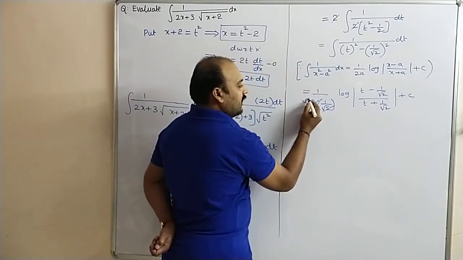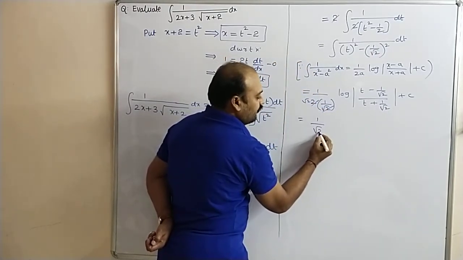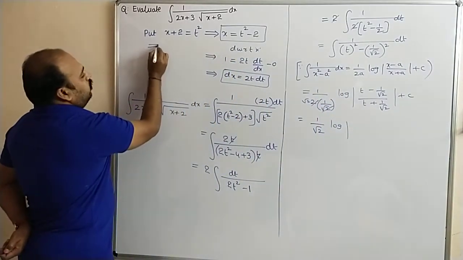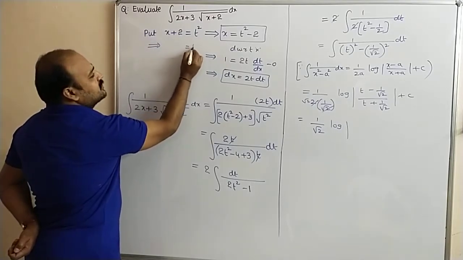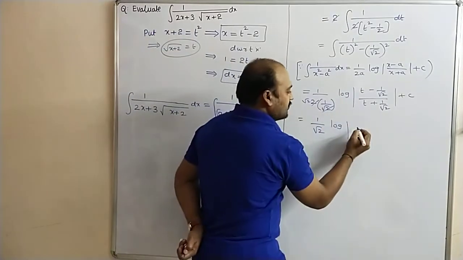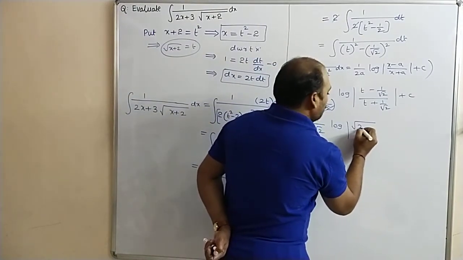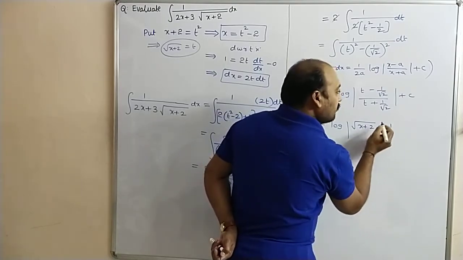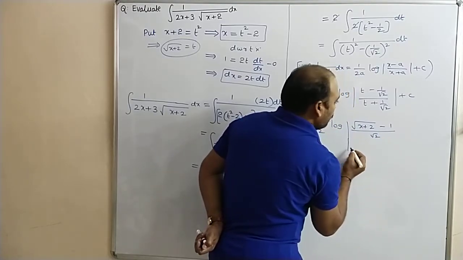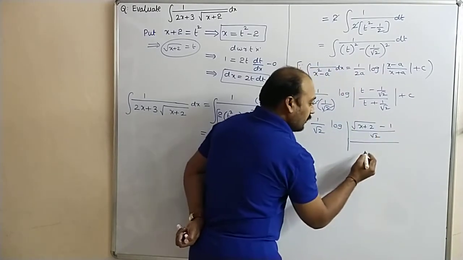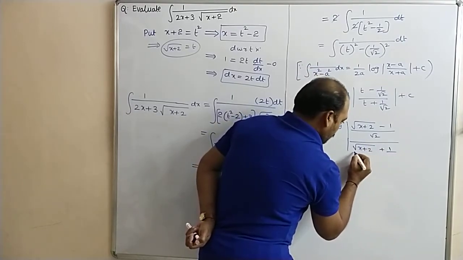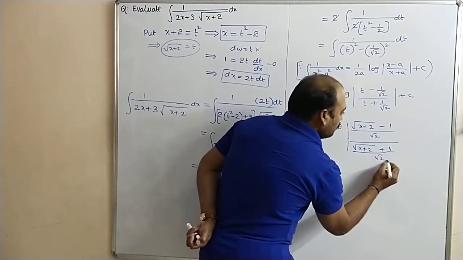So the root 2 will be cancelled. So 1 by root 2 log mod, and in place of t, from x plus 2 equal to t square, t is equal to under root of x plus 2. So in place of t, square root of (x plus 2) minus 1 by root 2, divided by, taking the LCM, square root of (x plus 2) plus 1 by root 2.